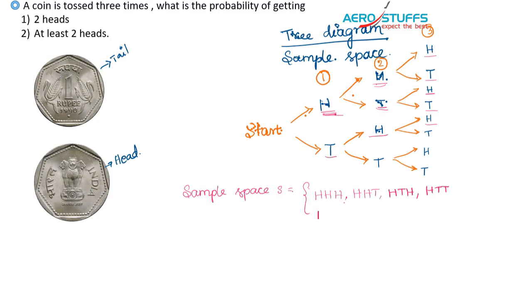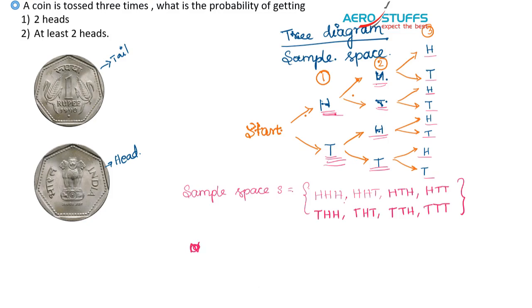Now you have to write the other outcomes also: tail, head, head, or tail, head, tail, tail, tail, head, and tail, tail, tail. Not everything will occur, but these are the possible outcomes. Other than this, nothing will happen.